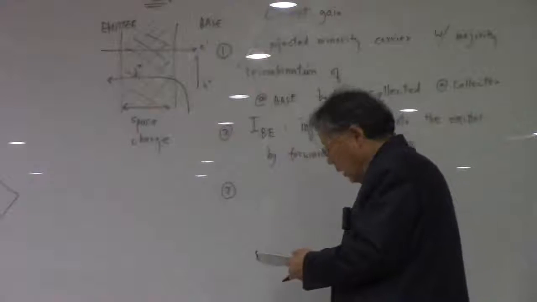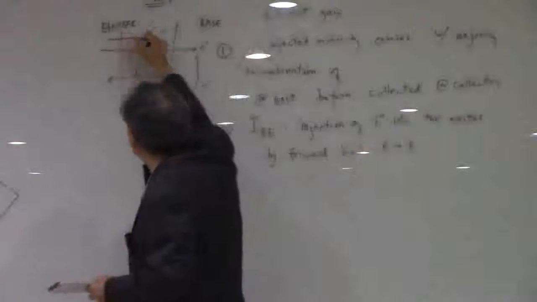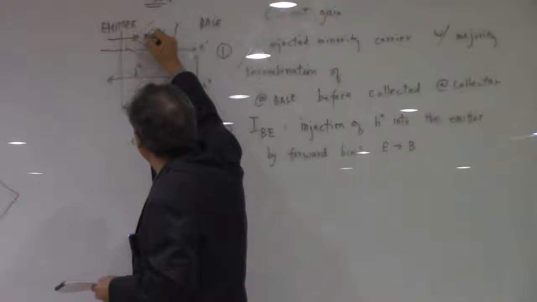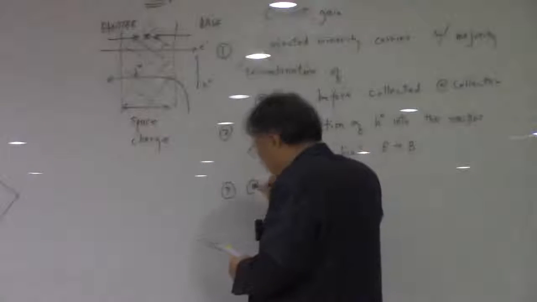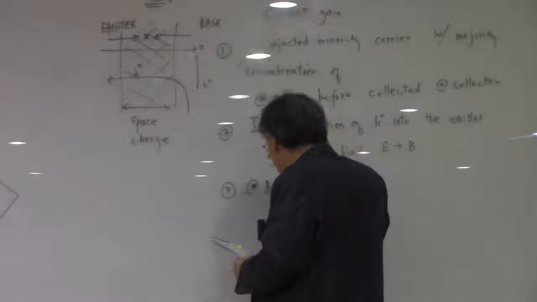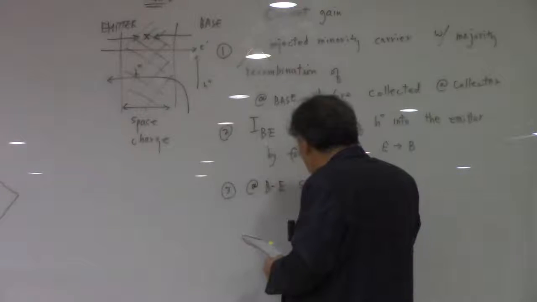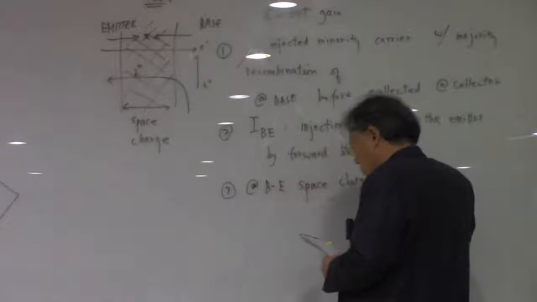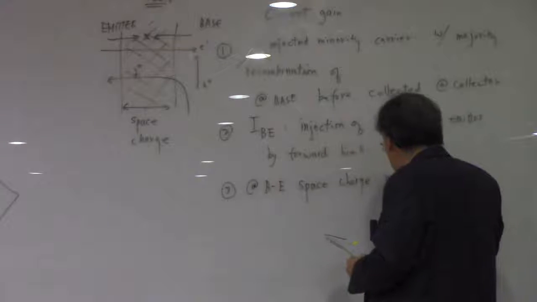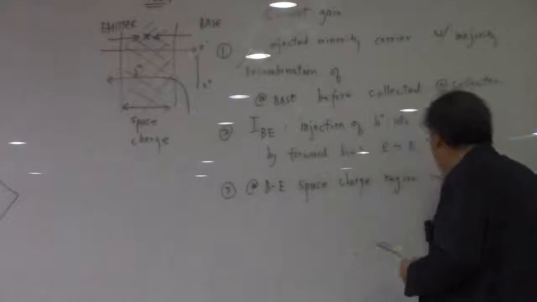The electrons and holes are going to be recombined, okay, in the space charge regions. So that is the base emitter space charge region recombination.